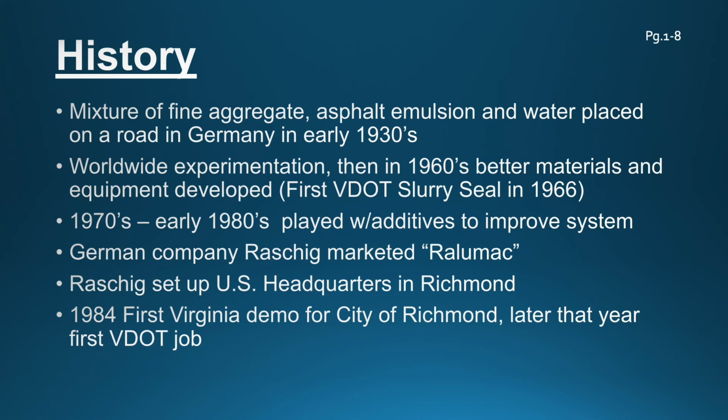Worldwide experimentation was ongoing, and then in the 60s, as we started to examine better materials and equipment and started to evolve some of that technology, things began to change pretty quickly.